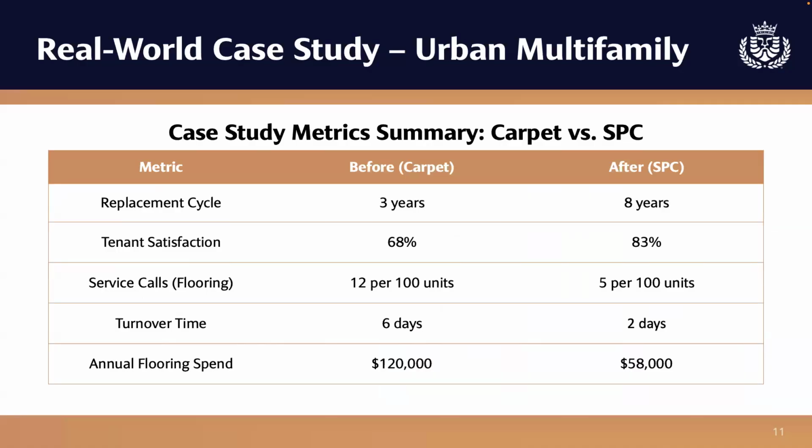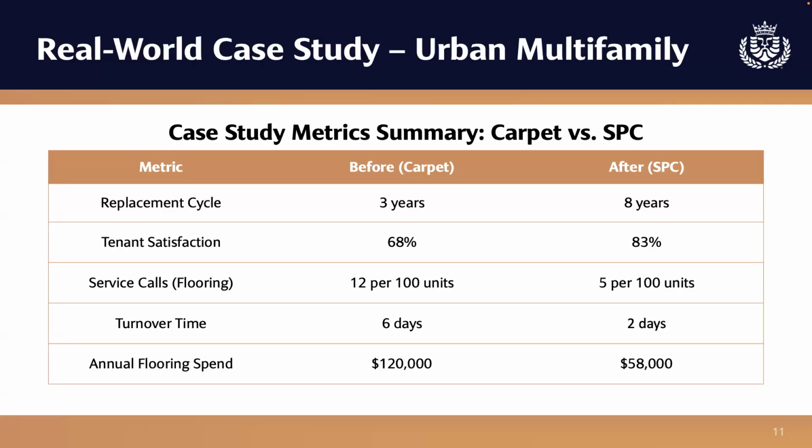So here are some real world case studies for an urban multifamily property. This table captures the transformation one urban multifamily saw after switching, the savings the property owner saw when switching from carpet to SPC.